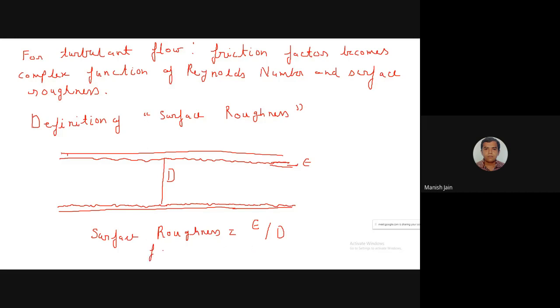This is again a dimensionless factor, because both have the dimension of meters or centimeters.